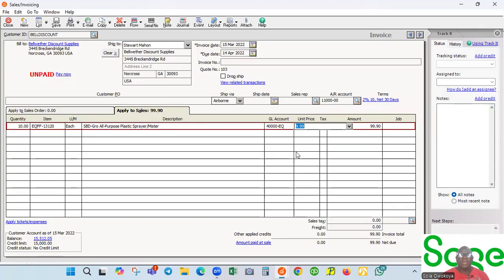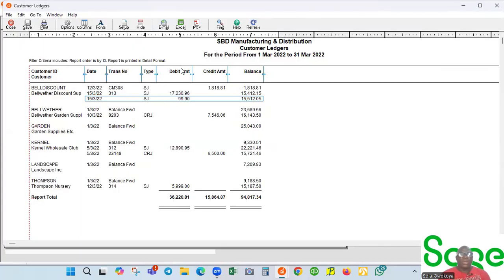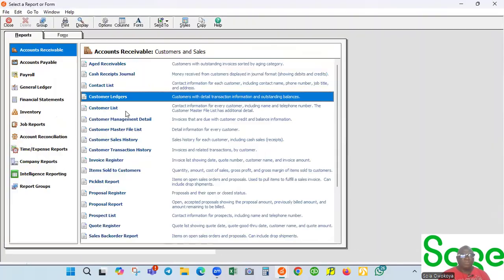All of this is done real time at the back end. So you can use it to track your customer ledger. You can use it to track so many reports that have to do with your accounts receivable.